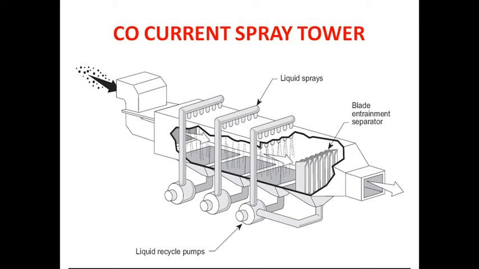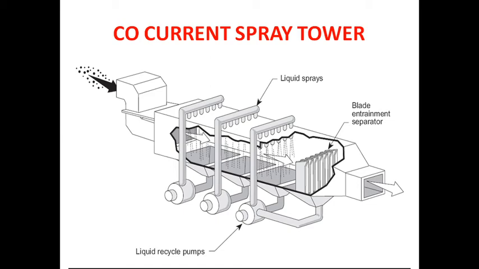Okay. What about the size? Size of co-current spray tower is smaller than counter current spray tower, treating the same amount of exhaust flow. Are you clear or not? Okay. So this tower is also called a horizontal spray scrubber.